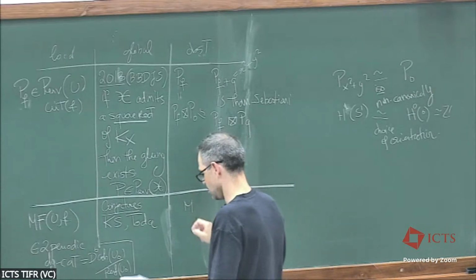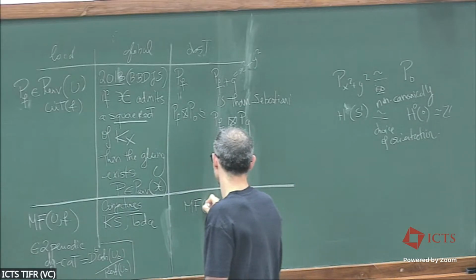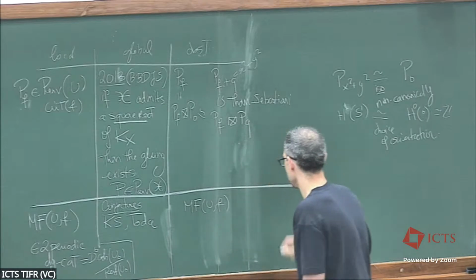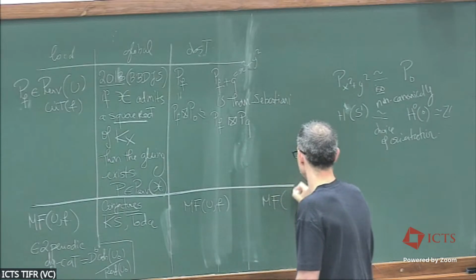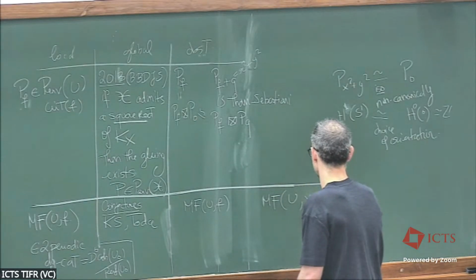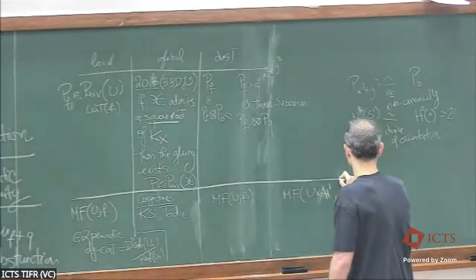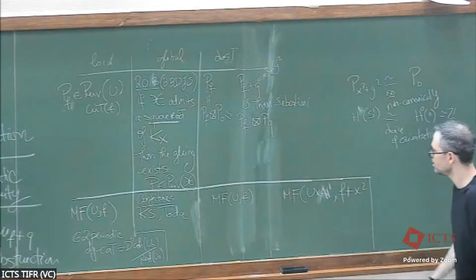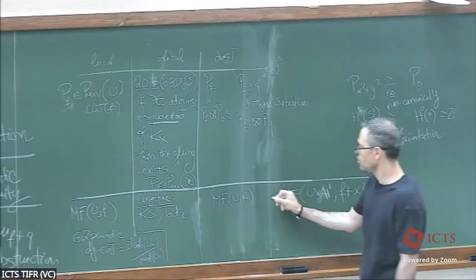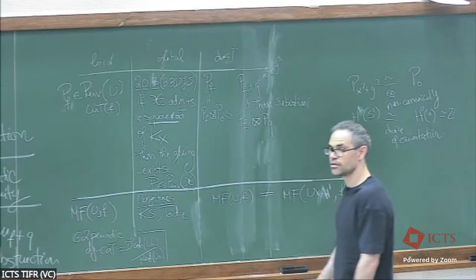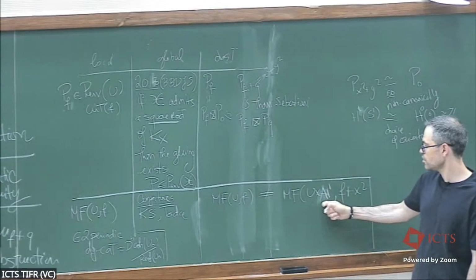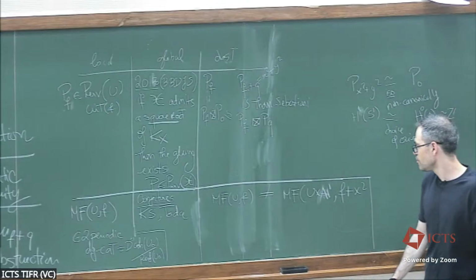So let me give you already some kind of obstructions that will appear. So if I add one variable and just the simplest quadratic form, these two things are no longer isomorphic even. So there is an obstruction about the dimension of your underlying smooth scheme.